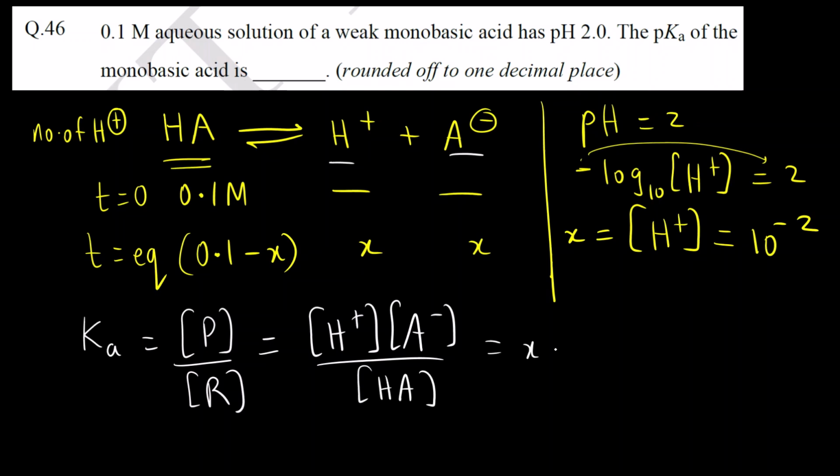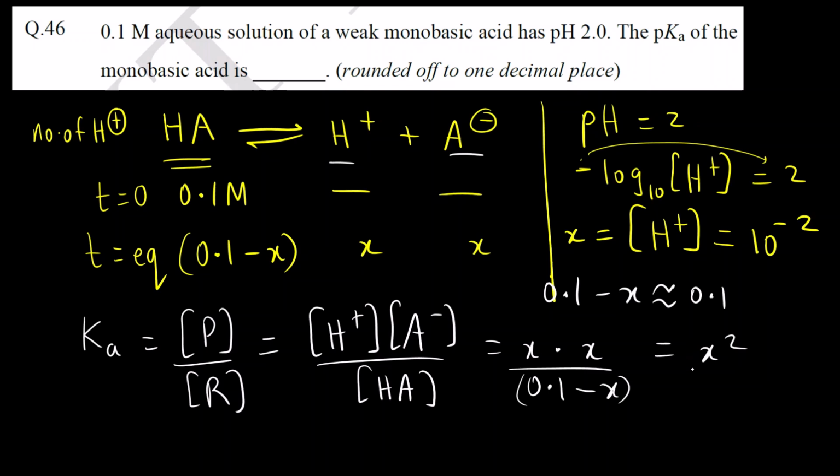H plus is X, A minus is X, HA is 0.1 minus X. Now the value of X is very small, so 0.1 minus X I can write as 0.1. So this will be X square by 0.1. So what is X? X is 10 raised to minus 2. So 10 raised to minus 2 the whole square divided by 0.1.